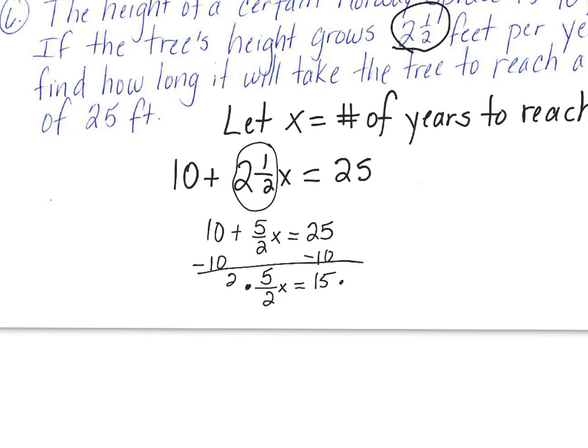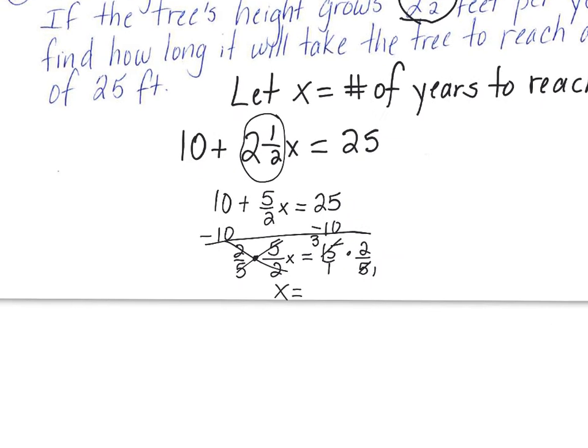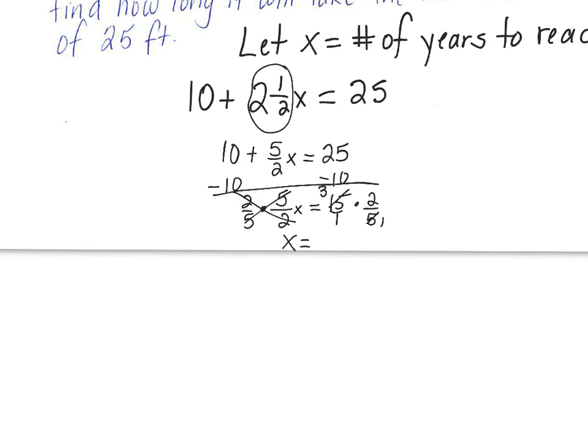Yep, multiply both sides by 2/5. These cancel, leaving me with x is equal to, that's rational, right? 5 is going to cancel. This is going to become a 3. And what do we get for an answer? 6 years. 6 years. Do you think tree companies need to know this? Yep, they sure do. Okay?